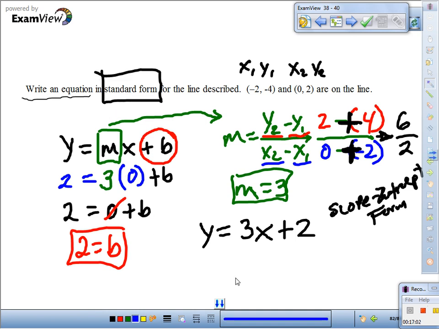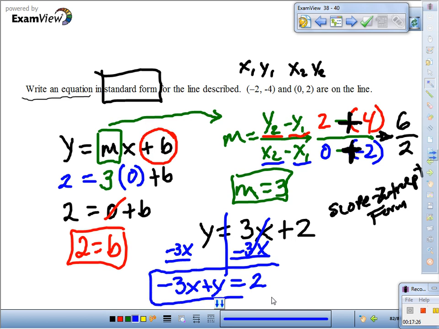So check this out. We need to do something to this equation to make it into standard form. What does standard form look like? When they have the x and the y on one side of the equation. So what do I do at the end? Minus 3x, minus 3x. We're left with negative 3x plus y equals 2.